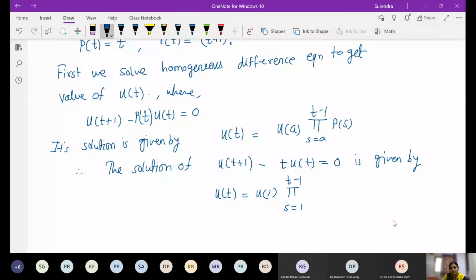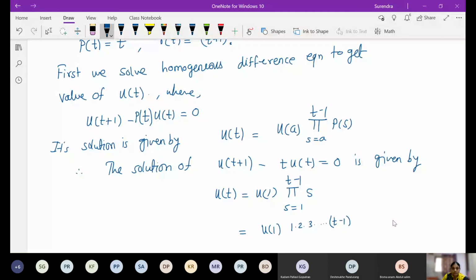P at s will be, since p at t is t, what is p at s? It is s. So what will be this? u at 1 times the product from s equal to 1, 2, 3 up to t minus 1.